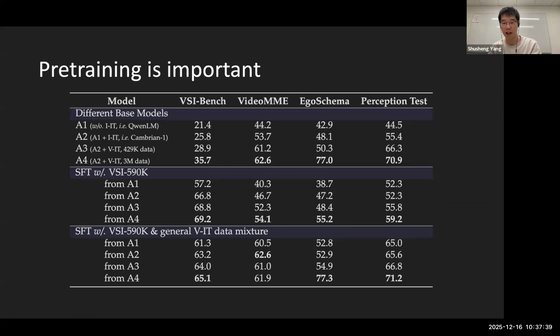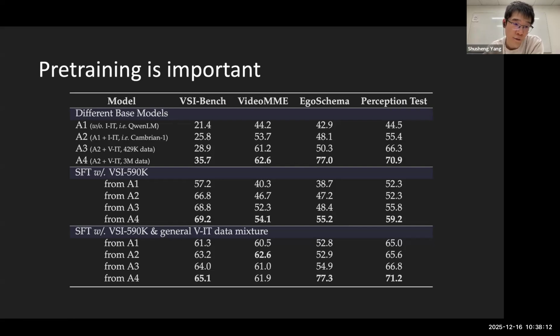And after designing the data, we started pre-training, and we found that pre-training is also quite important for building a good spatial understanding model. So here we choose different base models. The first base model is just language models, and the second model is the image instruction tuned models like our Cambrian-1, and the third model is our Cambrian-1 model fine-tuned on top of some video instruction tuning data.